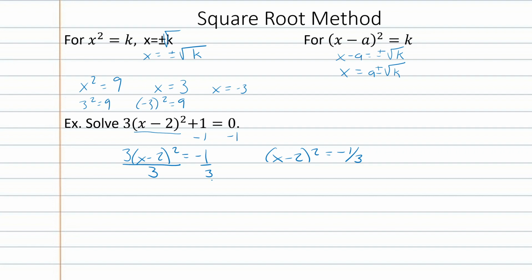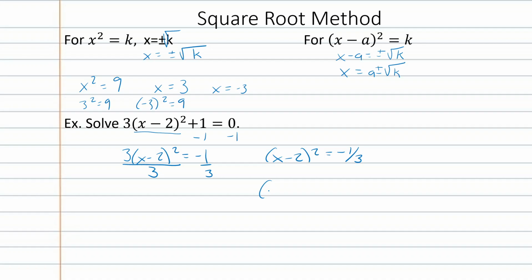All right? Now, here's the deal. At this point, I'm able to take the square root of the left-hand side and basically show that it's plus or minus the square root of the right-hand side, right?